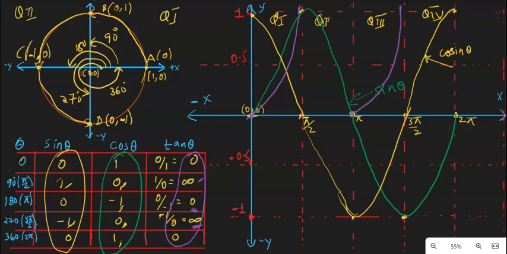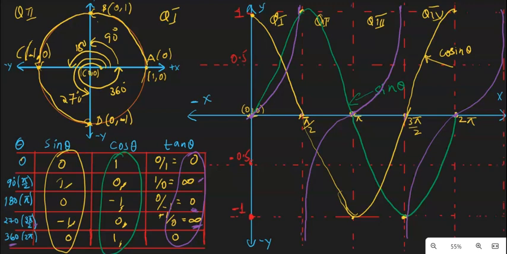The same is true for quadrant 2 as well. At 360 degrees, the tangent value is 0 right here, and the curve goes all the way up, and on this side it goes down. It doesn't touch this vertical axis, but it goes very close to it.